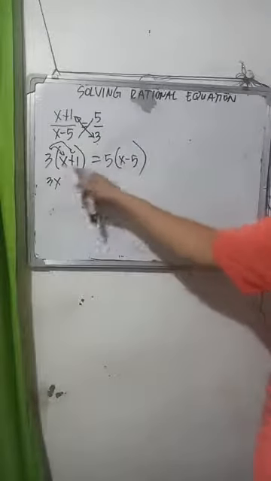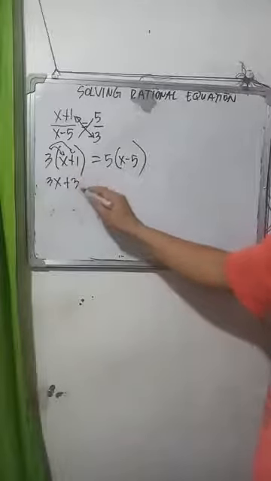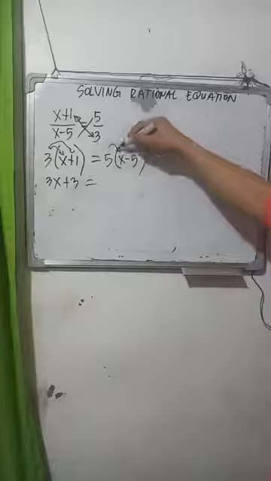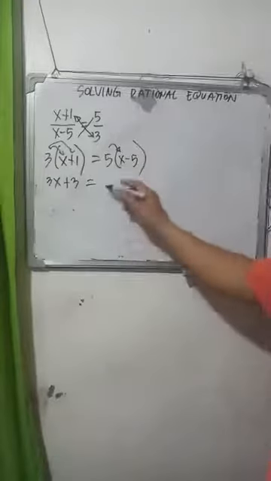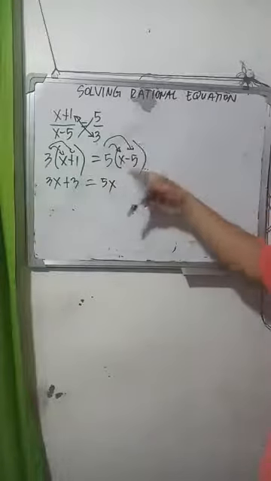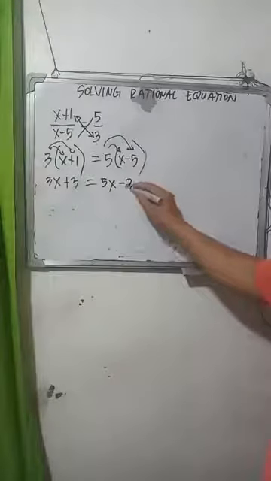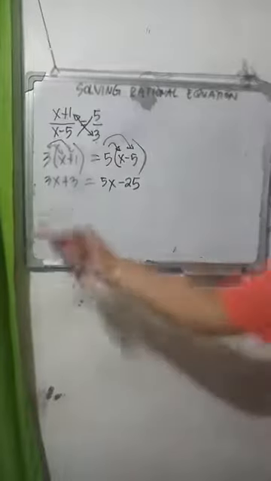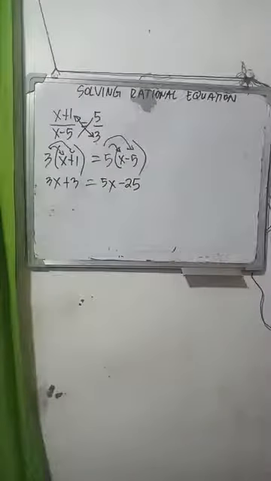Then 3 times 1, that is positive 3, equals 5x. 5 times x, that is 5x. Then this one, 5 times negative 5, that is negative 25.